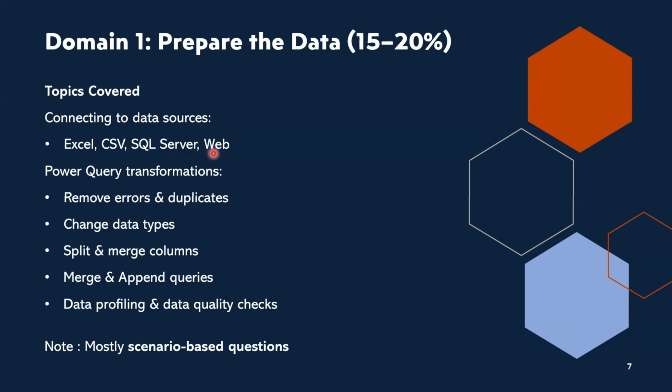You will also get questions based on Power Query transformation, such as how to remove errors, duplicate values, changing data types, splitting and merging columns. You will get some questions based on merge and append queries, and also questions based on data profiling and data quality checks. Mostly for data preparation, you will get questions based on scenarios only.